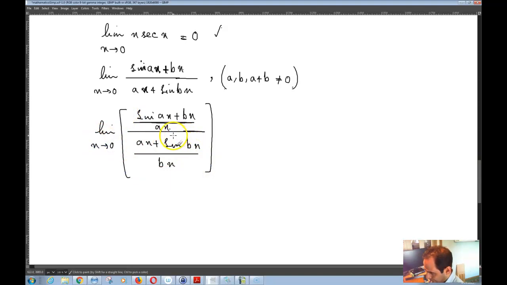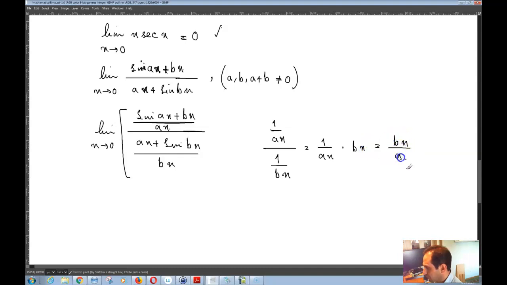What I have done is multiply the numerator by 1 over ax and the denominator by 1 over bx, which is the same thing as 1 over ax times bx, which is the same as bx over ax.